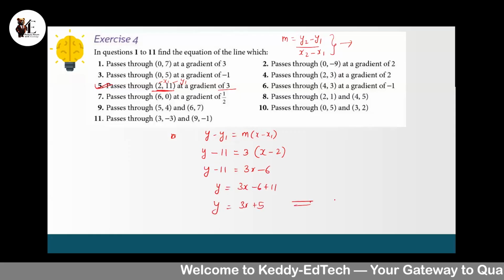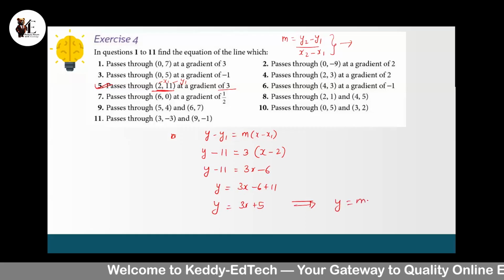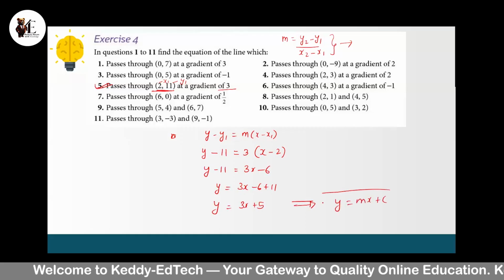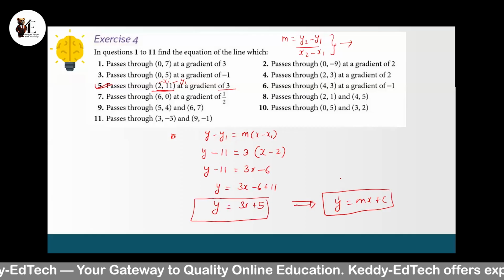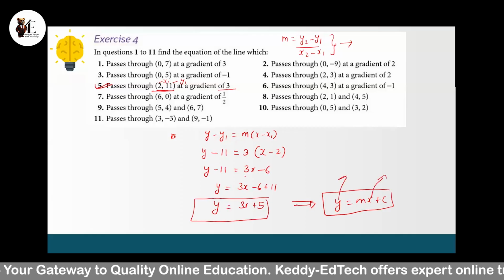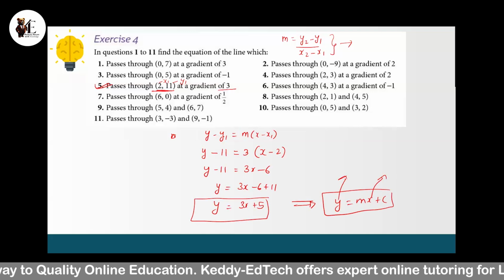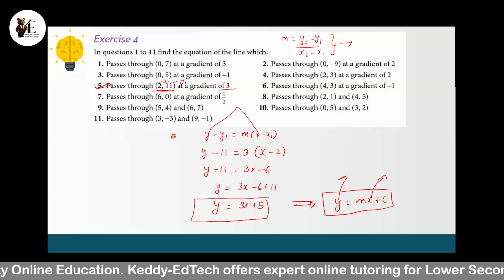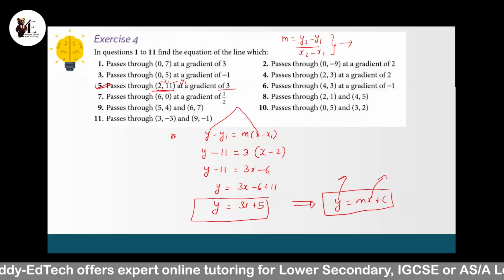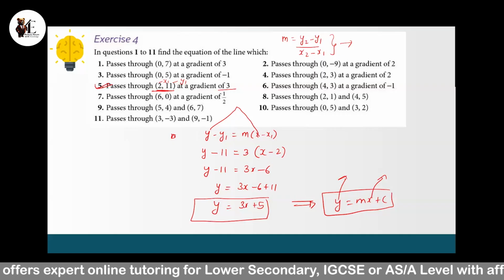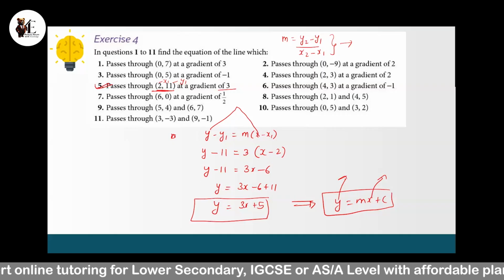So the equation will always be in this form: y is equals to mx plus c. So there will be a variable y, there will be a variable x that will be present. So for x and y, there is no need to put values. We only have to substitute the values of gradient and x1 and y1 when the line is passing through one point.